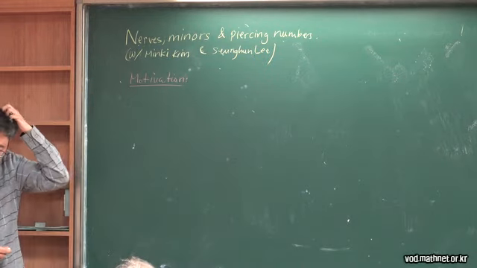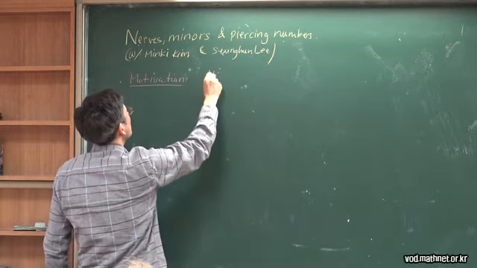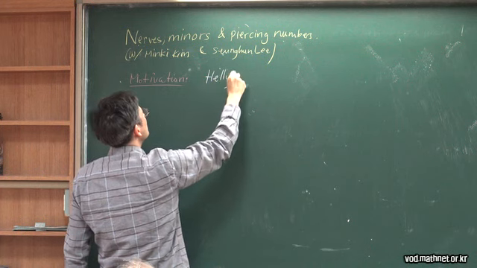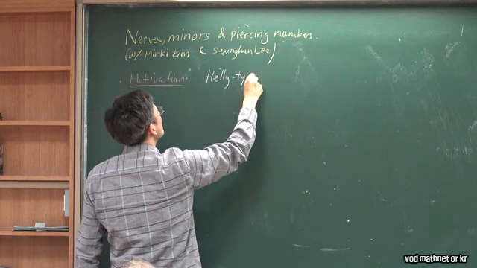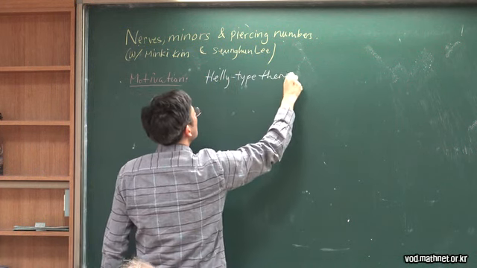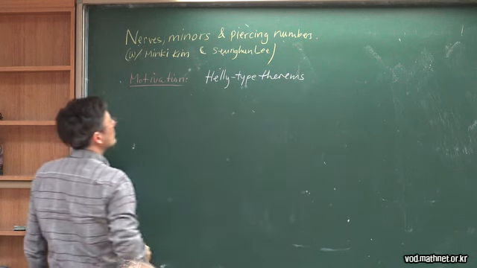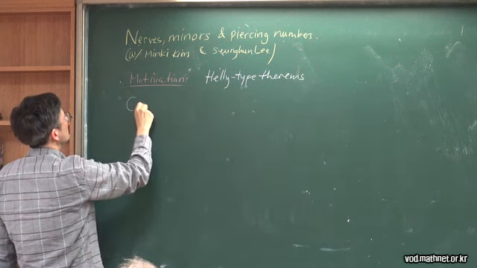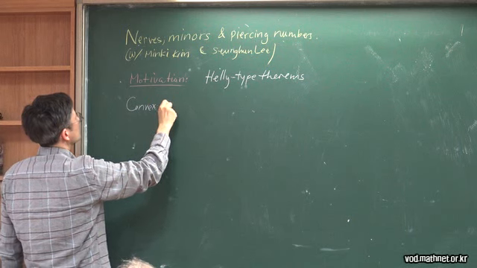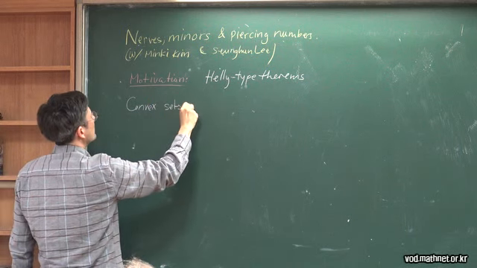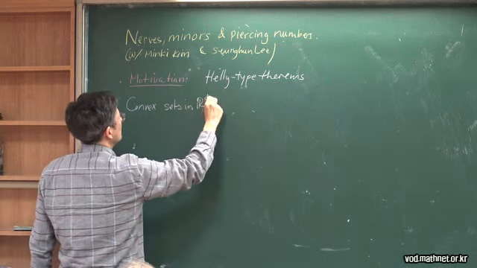Okay, so the motivation is something called Helly type theorems. Now, many of you maybe know this. It deals with convex sets in R^d.